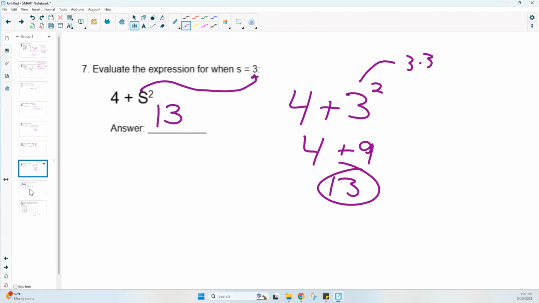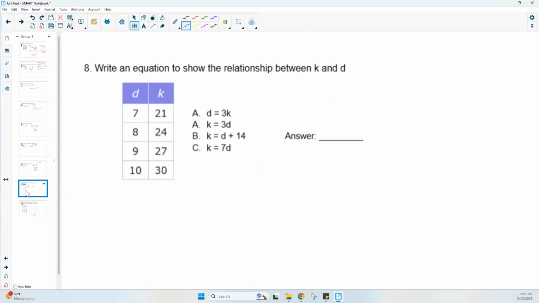All right, let's keep moving. Write a relationship to show the relationship between K and D. So if I start at D, we go from 7 to 21, 8 to 24, 9 to 27, and 10 to 30. So to get K, we multiply D times 3.